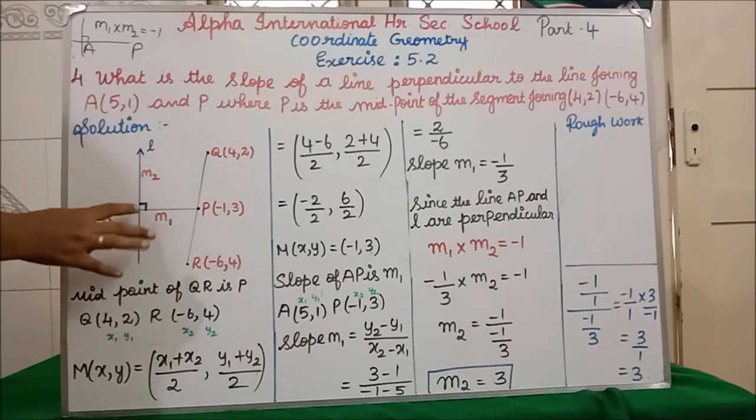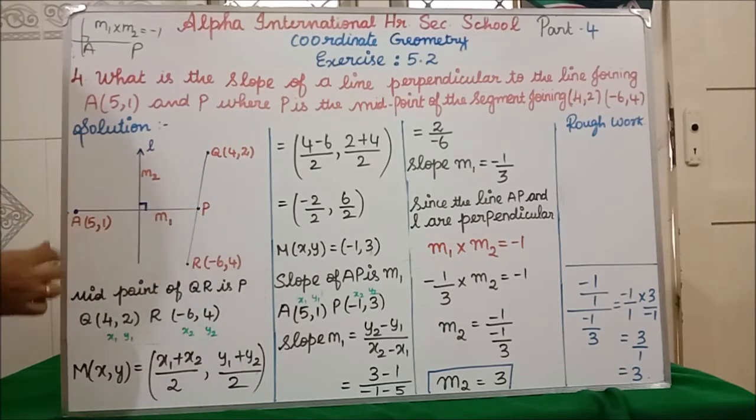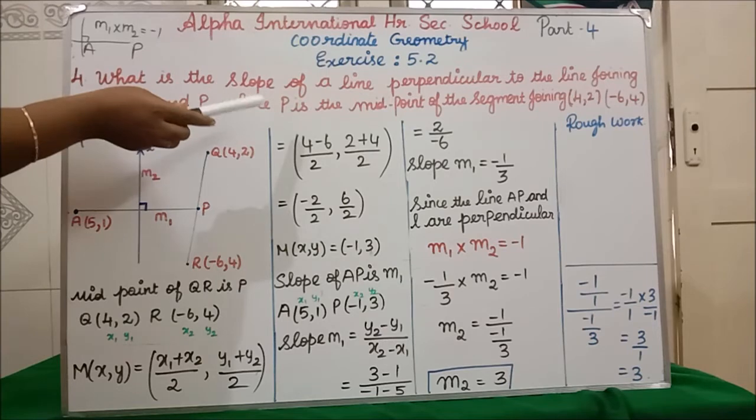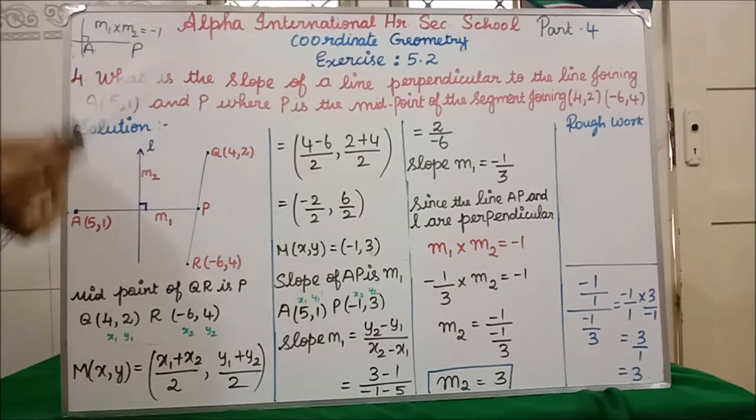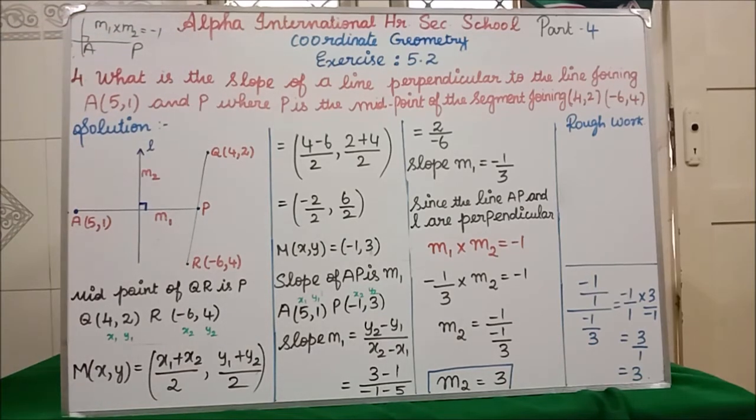So you leave it. The A point value is there, and here point P is there, where P is the midpoint of the segment joining (4, 2) and (minus 6, 4), they were saying.